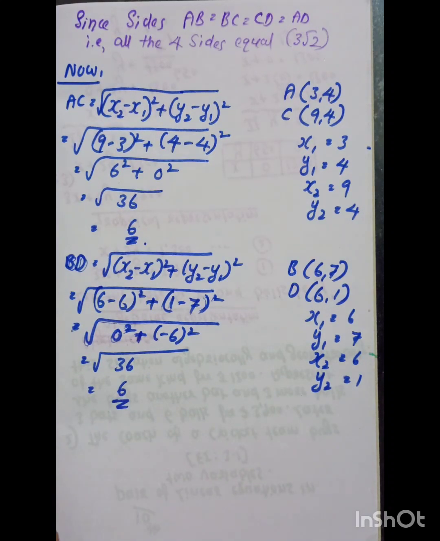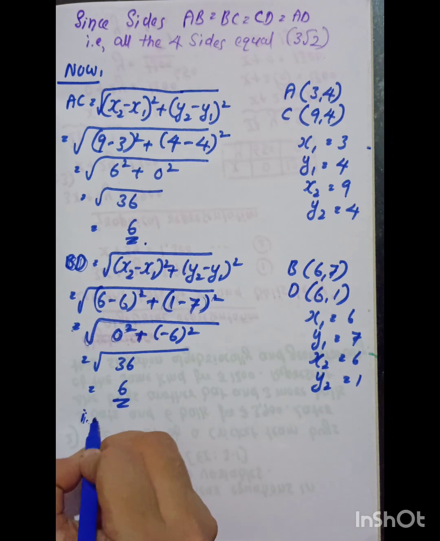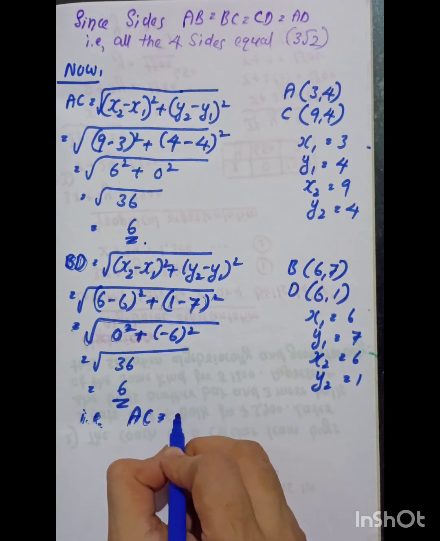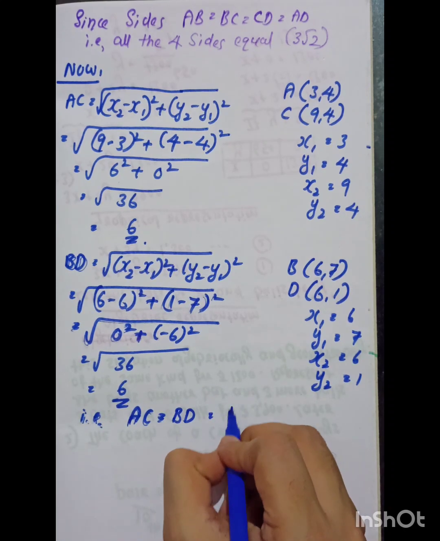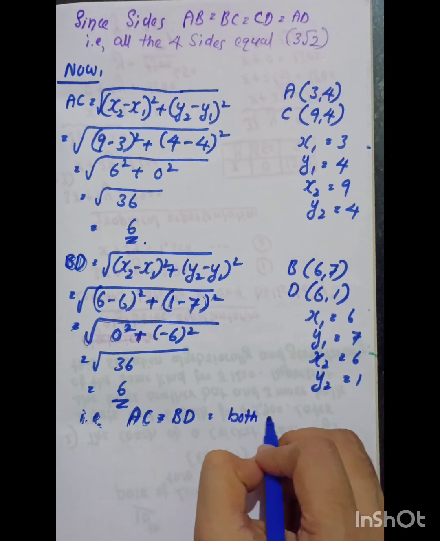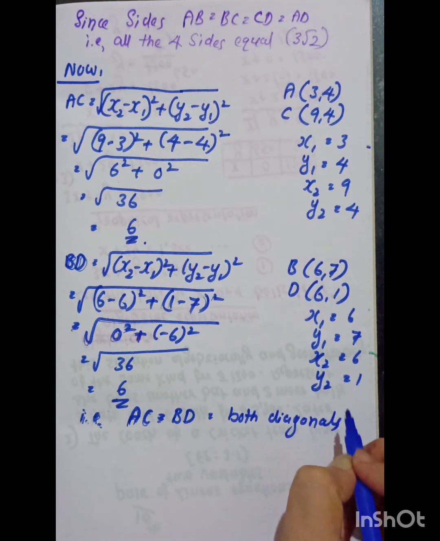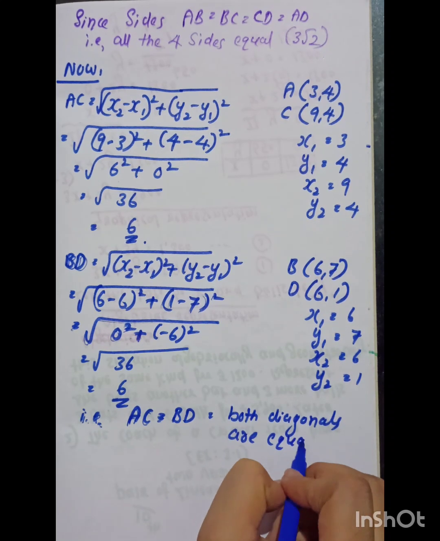Now the diagonals AC and BD are both 6 here, that is AC equals BD, both diagonals are equal.